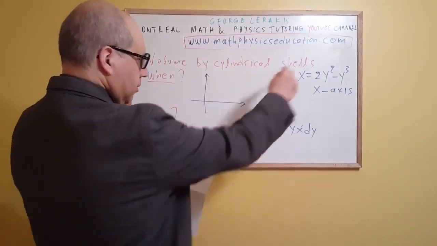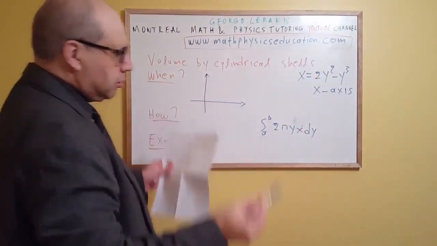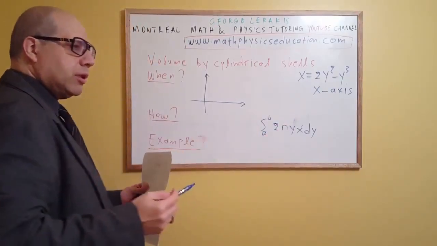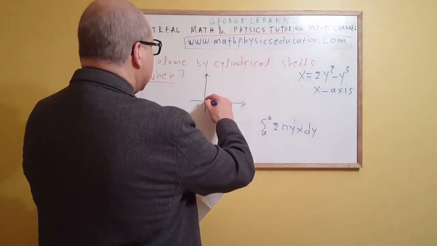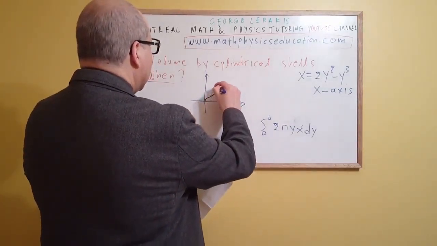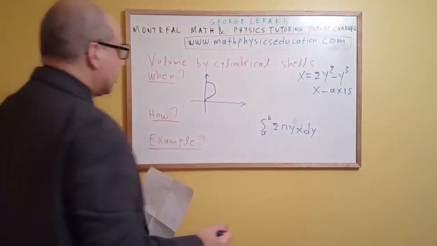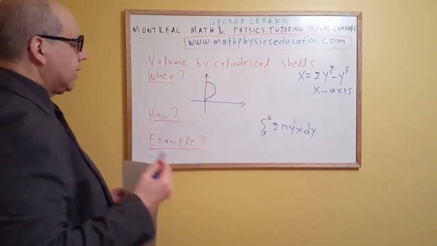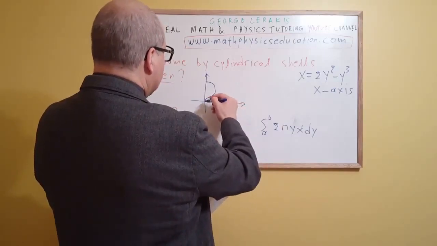The graph of this function you can do by just taking some points, or with a graphing calculator, but it will be something like this. Okay, and you want to rotate this around the x-axis, the volume of this will be something like this.